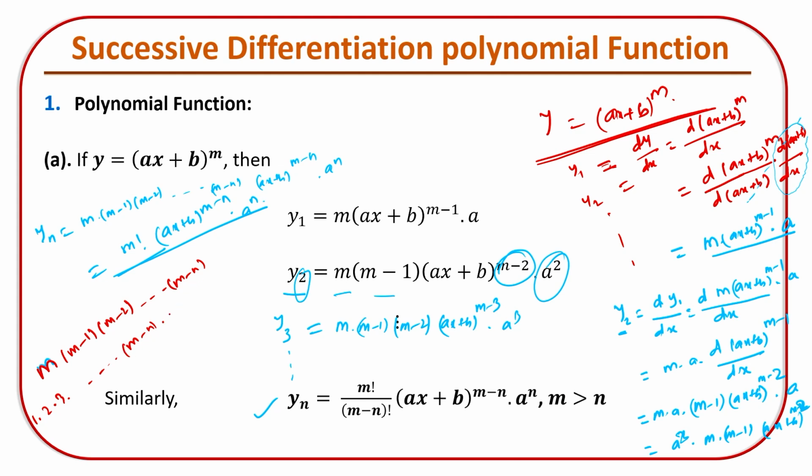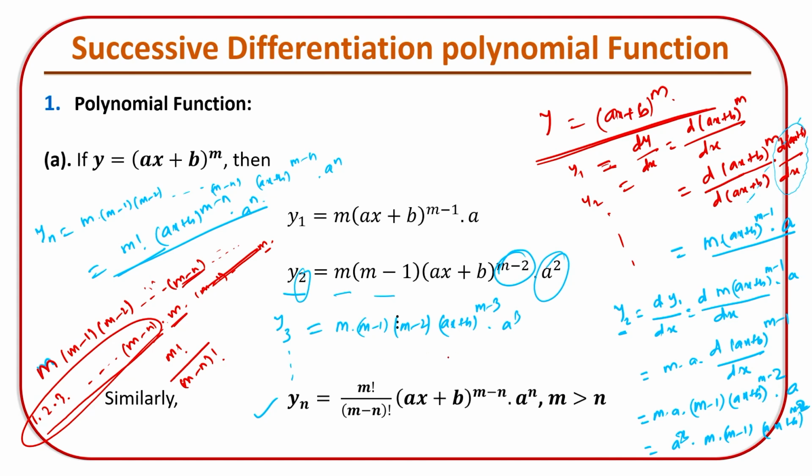This means m into (m minus 1) and so on down to 1, which is factorial m, and since the extra part was not there, we divide by factorial (m minus n).